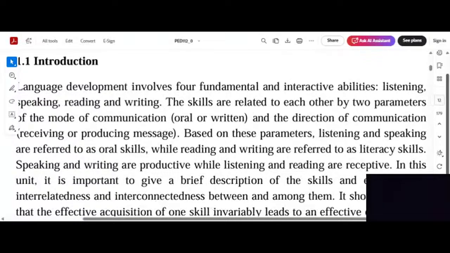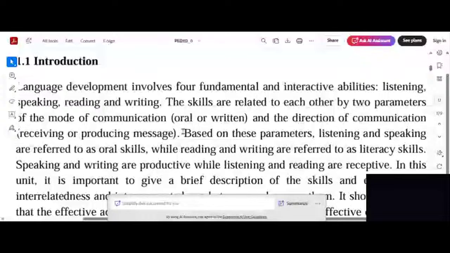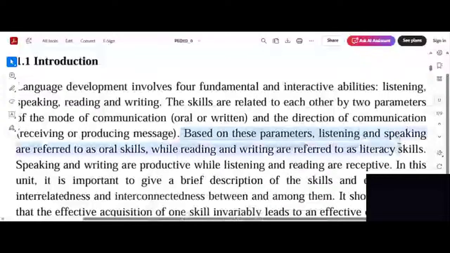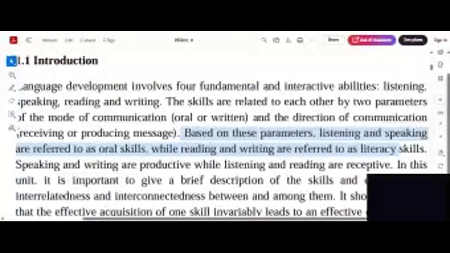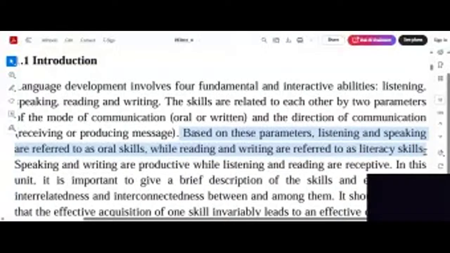So, based on these parameters, listening and speaking are referred to as oral skills. That means the ones that have to do with the mouth. While reading and writing are referred to as literacy skills.